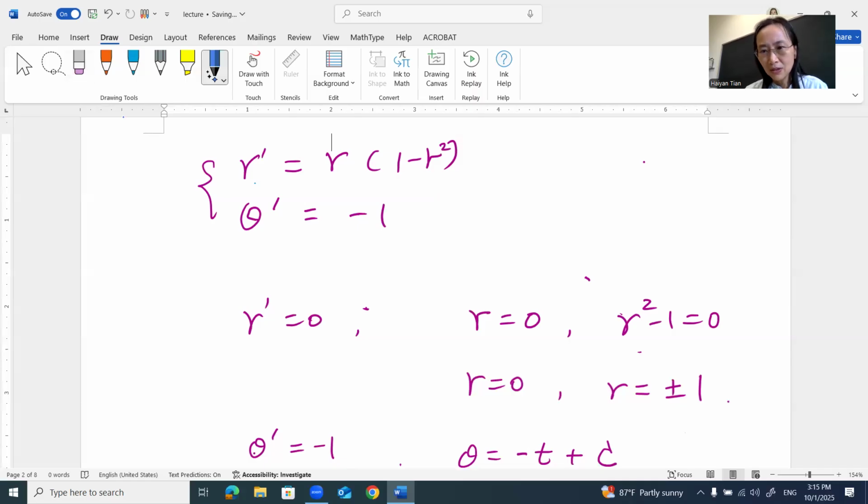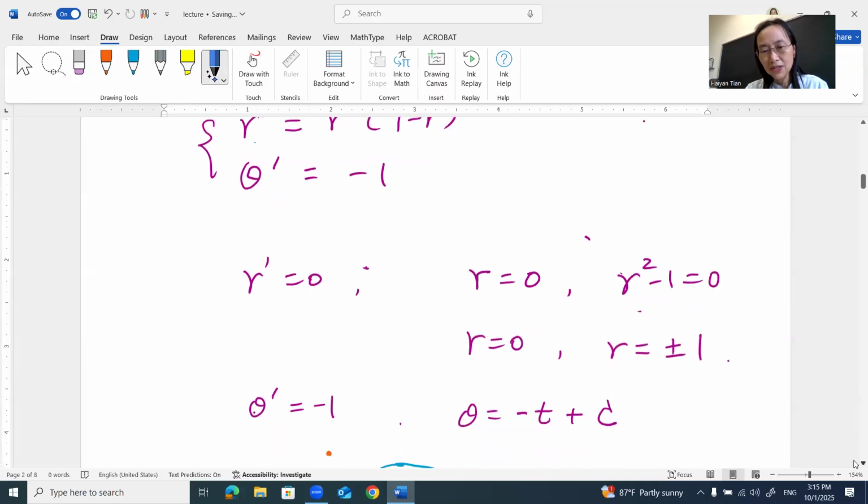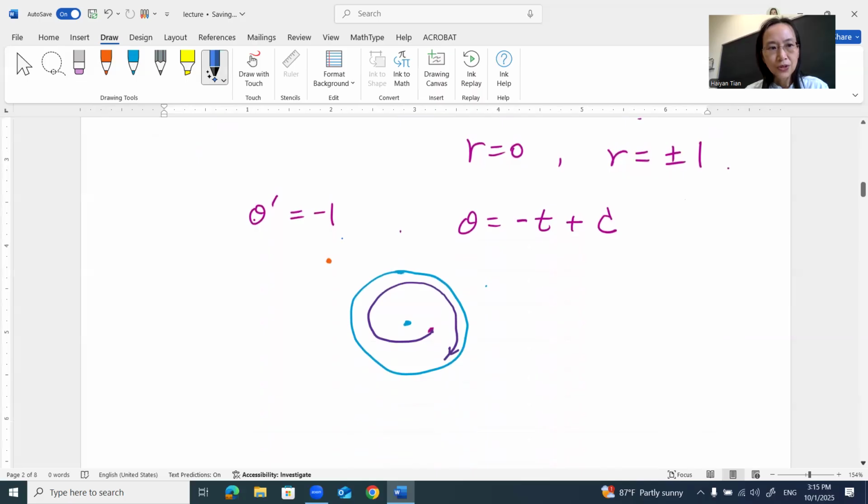So let's show the behavior of such a curve. If it's outside of the unit circle, the r derivative is negative, meaning r will be decreasing, closer and closer.